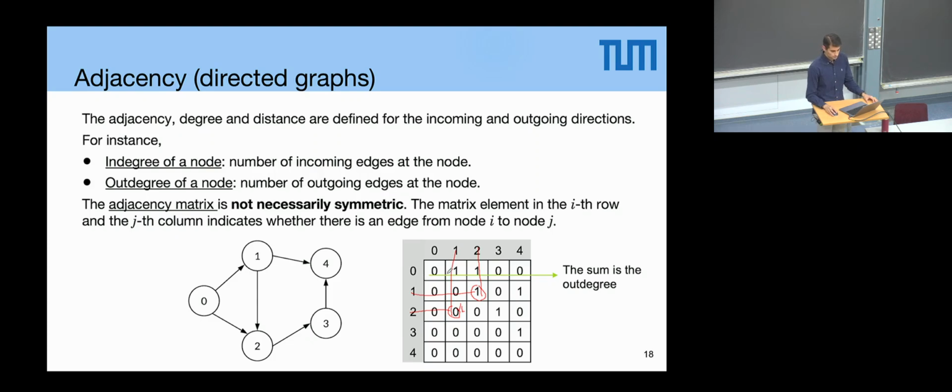Here, if you compute the sum across the rows, you obtain the out degree of a node. So here you will see that the out degree of node 0 is equal to 2. And if you compute the summation along the column, you obtain the in degree. So the in degree of node 4 here you can see is 2.